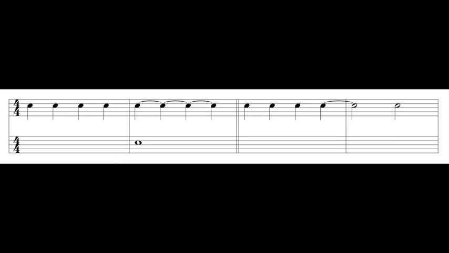I would count this rhythm: 1, 2, 3, 4, 3. I would have that quarter note and half note glued together into a 3-beat rhythm that runs across the bar line. This is a really common way that we might see ties used in music.